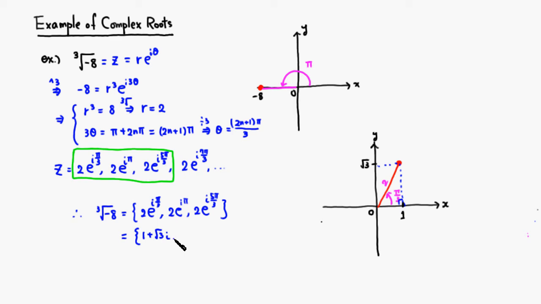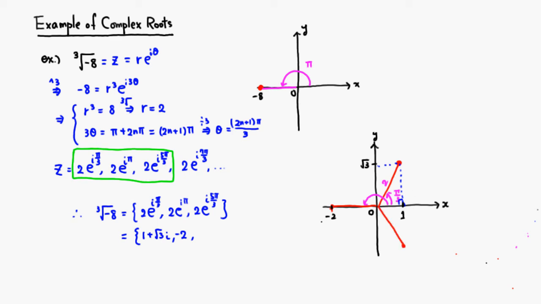If you look at 2 e to the i pi, pi is 180 degrees, so we're looking at here. The corresponding value is negative 2. Then the third number is 5 pi over 3, so the angle is over here.